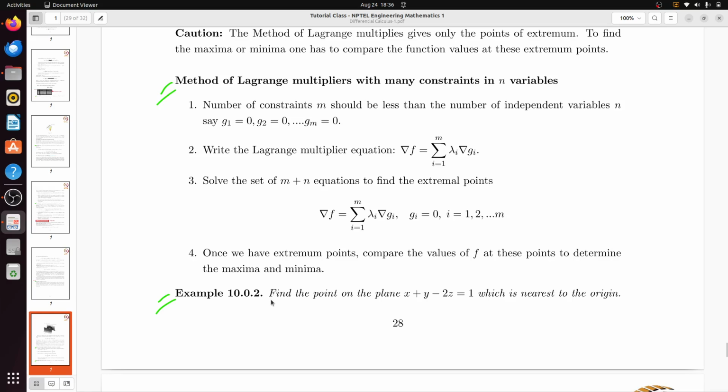Now Sumitra, try to determine this using your Lagrange's multiplier method. Whatever method you like, you can use what I have just discussed. You have to find the point on the plane x plus y minus 2z equal to 1 which is nearest to the origin.